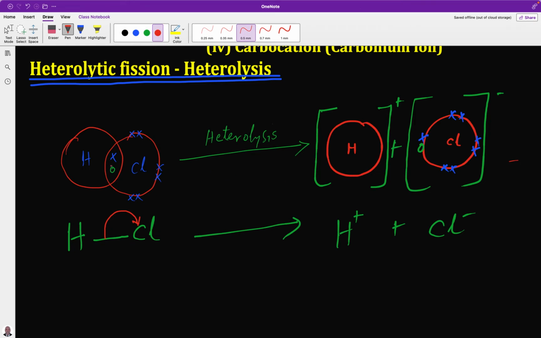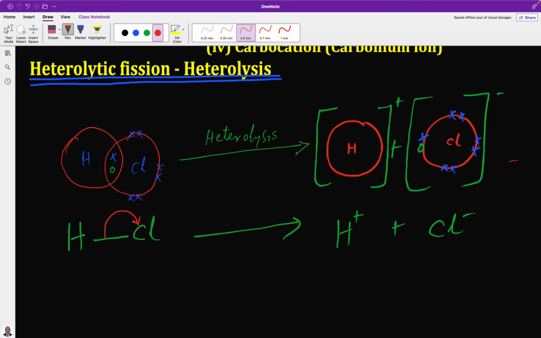This pair of electrons that was used for covalent bonding has moved to the more electronegative atom, which is chlorine. Therefore, the curly arrow shows the movement of a pair of electrons to chlorine. So chlorine now takes the two electrons, and hydrogen is bare. Hydrogen now remains with no electron.